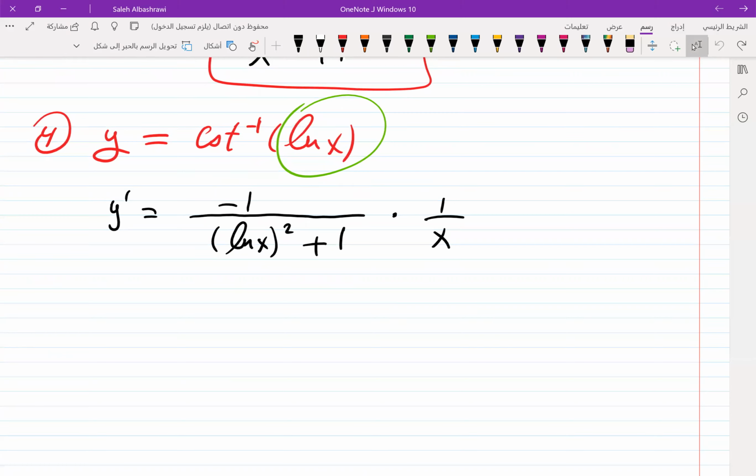Next one, number 5. Y equal to, take this time, x squared multiplied by sin inverse x all to the power 3.